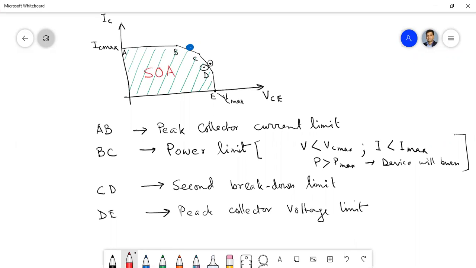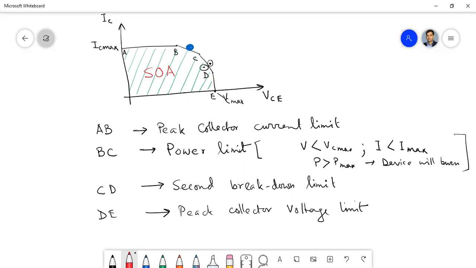Your operating point, the voltage and current, not only in steady state but also in transient condition, should be within this SOA. Otherwise, there is every possibility of the device getting damaged.